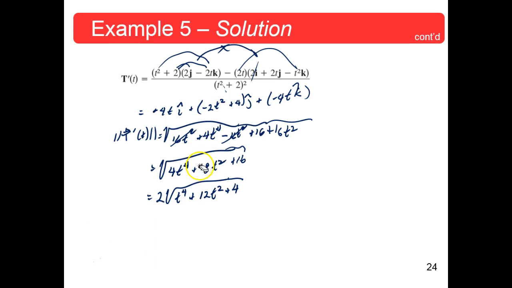And that just leaves us 16t squared from there. And when you factor out the 2, that would be a 4.